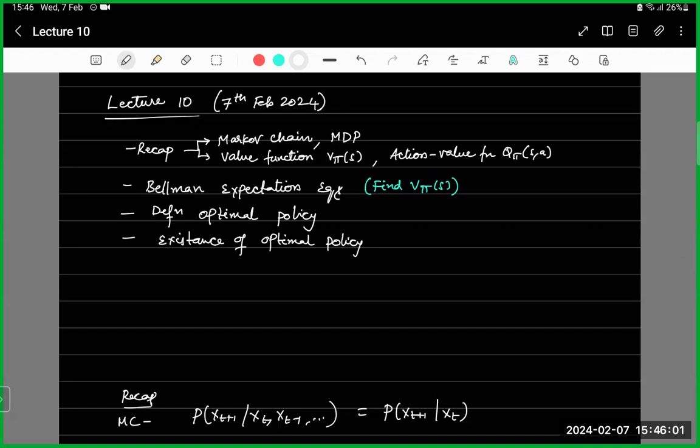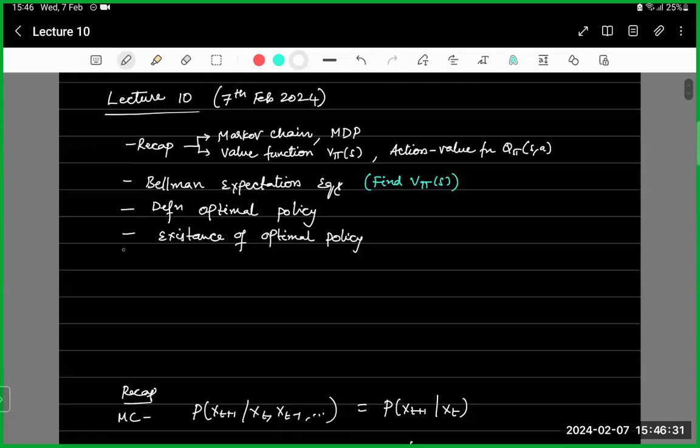As I said, Bellman expectation equations are useful to evaluate a given policy. If you give me some policy pi, it will tell you how good that policy is. But finally, we are not interested in understanding how good a particular policy is. We are more interested in finding an optimal policy. If you want to find an optimal policy, there is another set of equations which will be useful, called Bellman optimality equations.